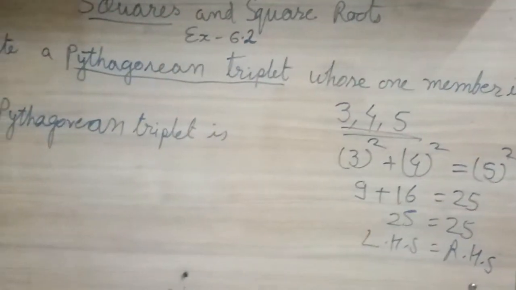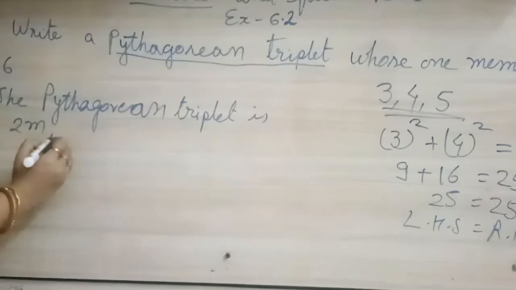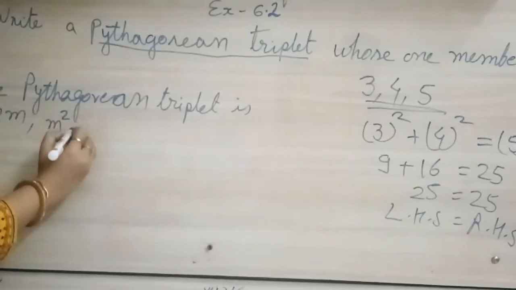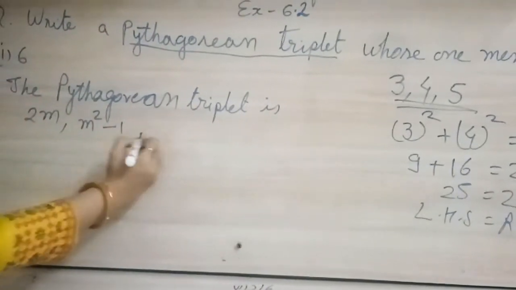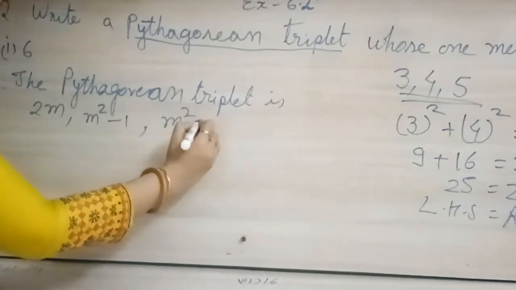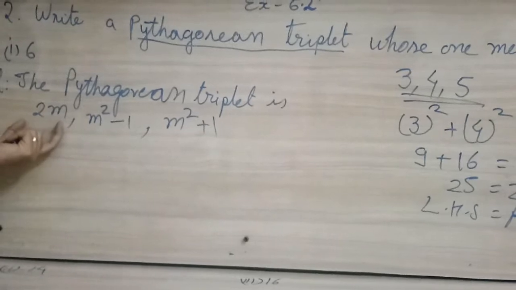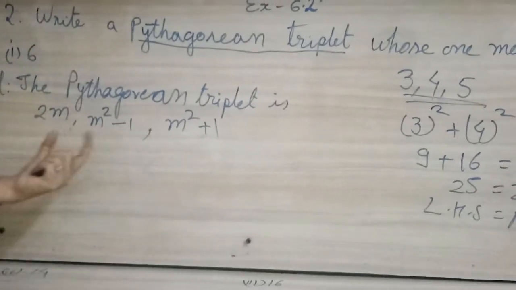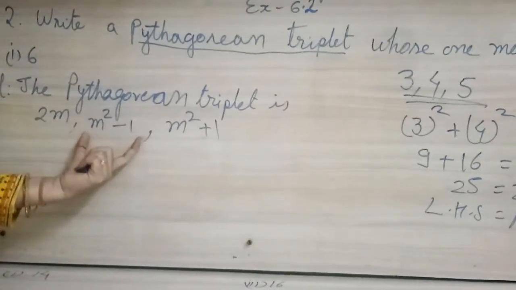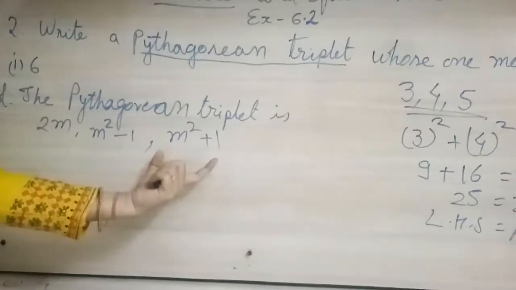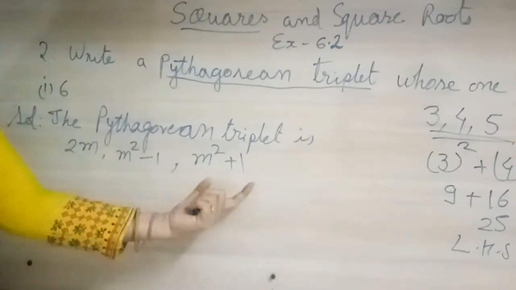The Pythagorean triplet is 2m, comma, m square minus 1, comma, m square plus 1. Okay, this is the general formula. The first number we take as 2m, the second number we take as m square minus 1, and the third number we take as m square plus 1.